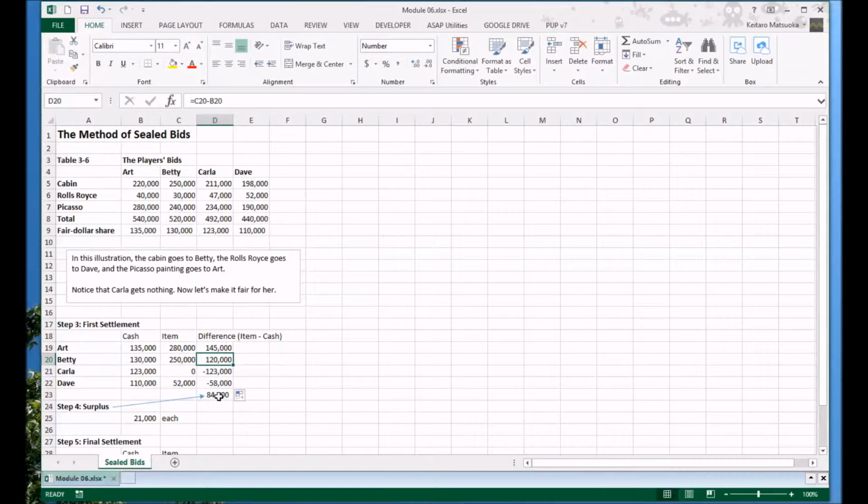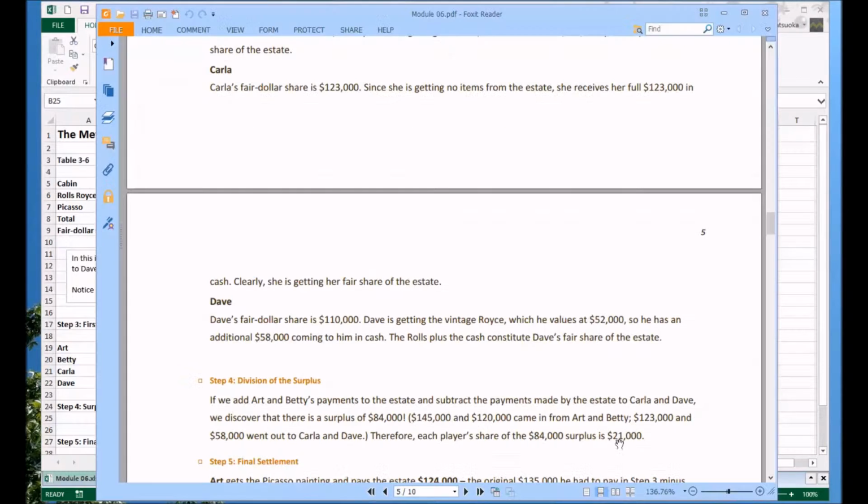Then the surplus will be 84,000. If you sum up all these numbers, you get 84,000. That's step 3, the surplus. Each person gets a fair share of this amount. With 4 people, you divide this by 4 to get 21,000. That's the surplus you see here.